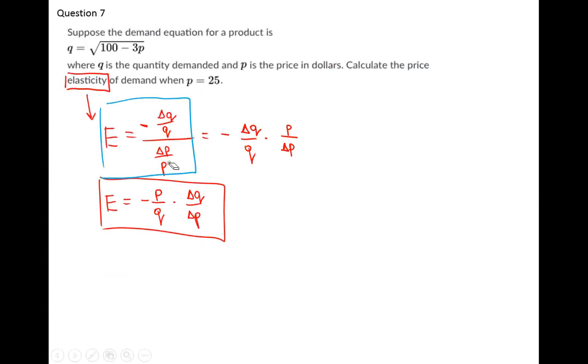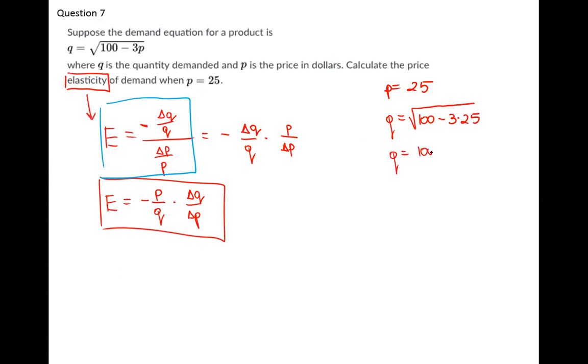Okay, that's what we need. P is 25, and I will substitute 25. I need the Q, the quantity, when P is 25. That means 100 minus 3 times 25, because I need everything at 25.